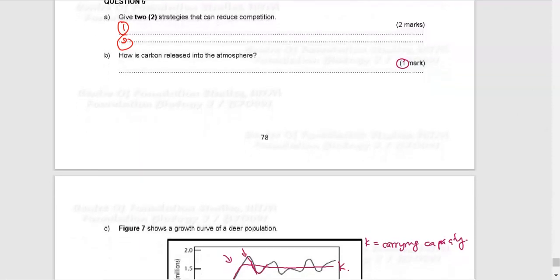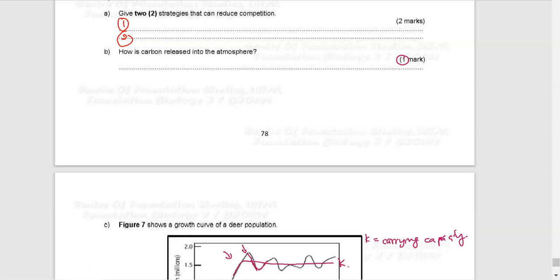And then for question B, how is carbon released into the atmosphere? Basically for this one you have to understand the carbon cycle. One way of releasing carbon into the atmosphere is as carbon dioxide.